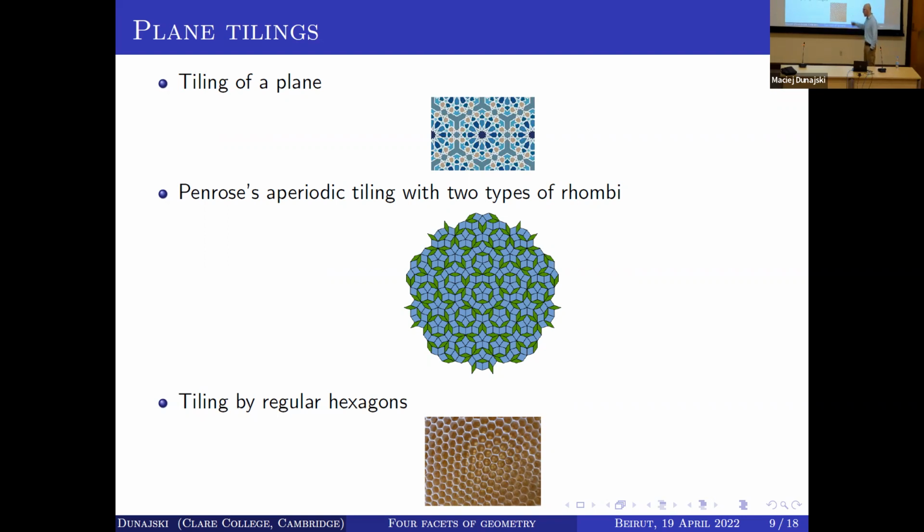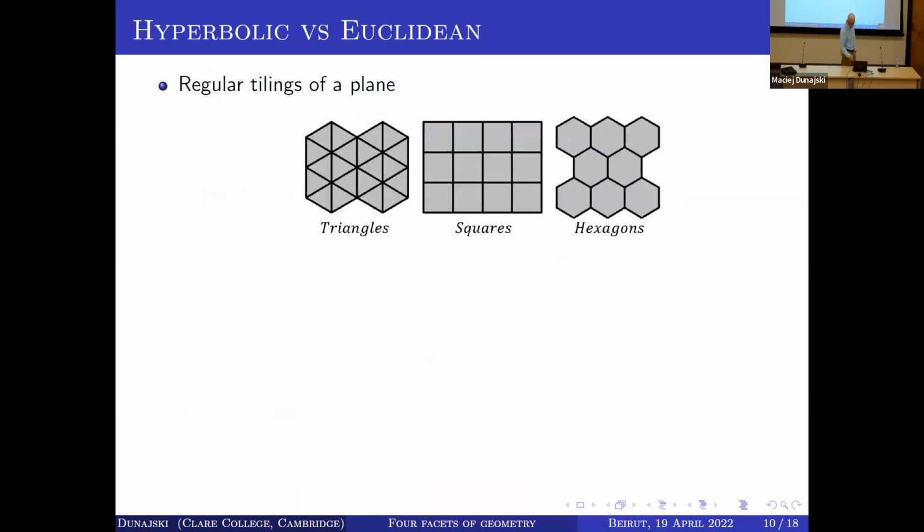But coming back to hyperbolic geometry and the way it differs from the Euclidean one, what will matter to us is this regular tiling. Well, the plane can be tiled by hexagons, regular hexagons. Turns out that there are only two more ways to tile a plane by regular polygons.